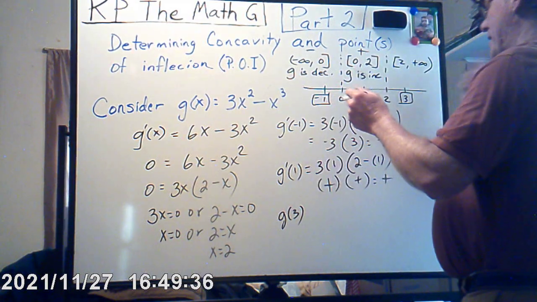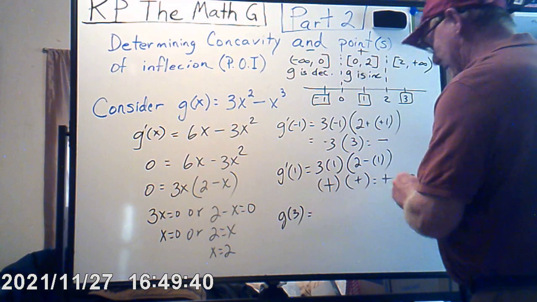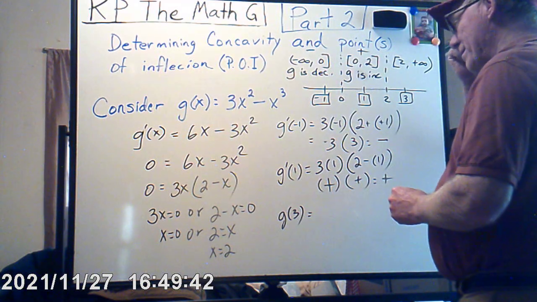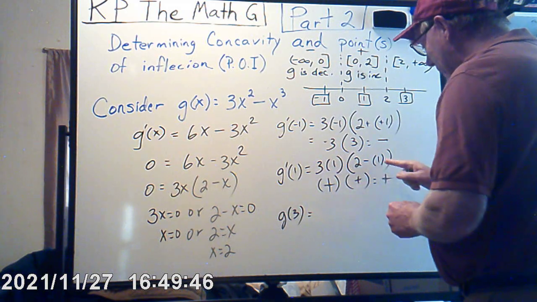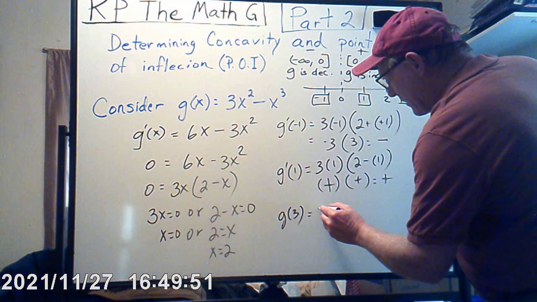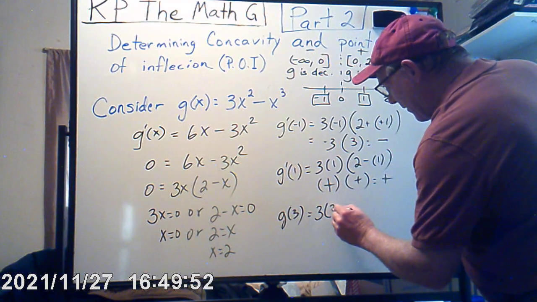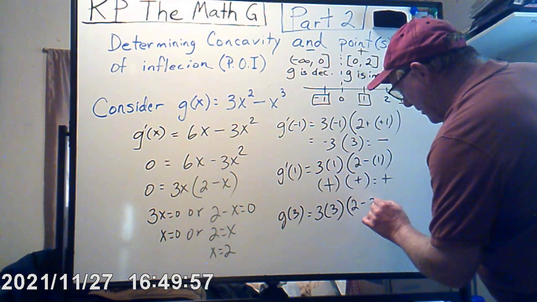And you think about it, if you put 1,000 in there or 1,000,000 in there, you know that everything's going to be, well, we don't know yet. Let's see what happens. I have to remember, that's 2 minus that. So, 3 times 3 times 2 minus 3.